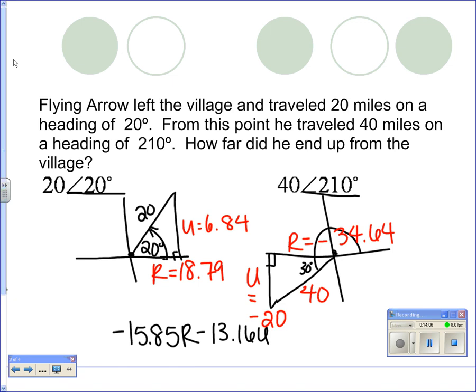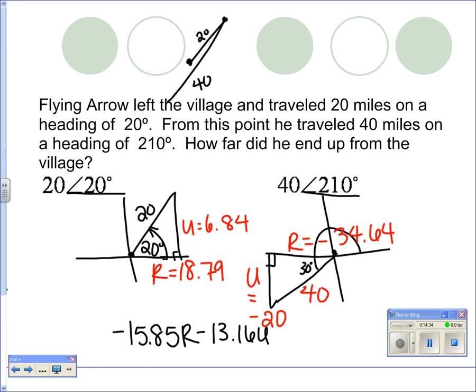He started at the village. And where did he go? He went that way, right? And then from there, what did he do? He went this was 20, and he went this way, 40, right? So is he going to end up below the village or still above it?